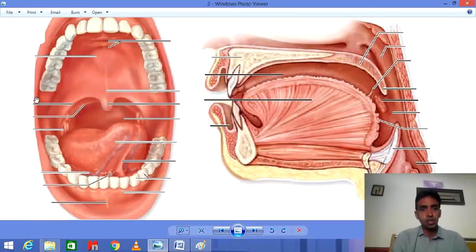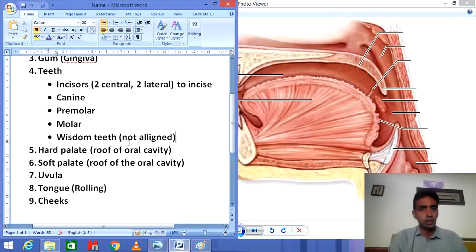In the cheek there are some muscles which are called buccinator muscle. What is the function of buccinator?